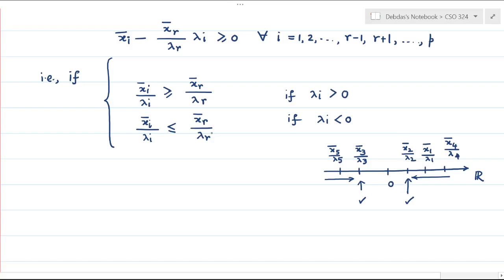Now here you notice that lambda r is either positive or negative. If lambda r is positive, then in that case you have to choose this, and if lambda r is negative, then you have to choose this. Fine.